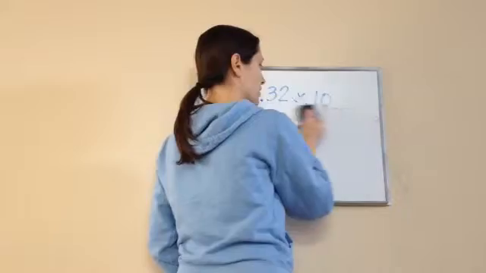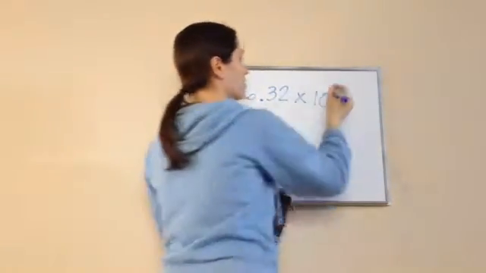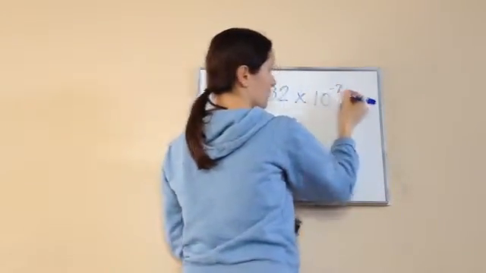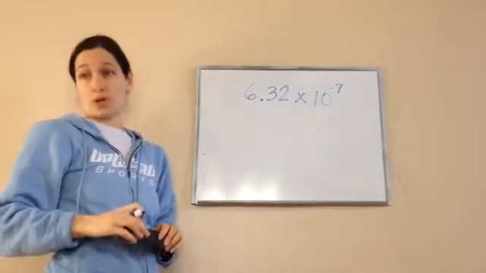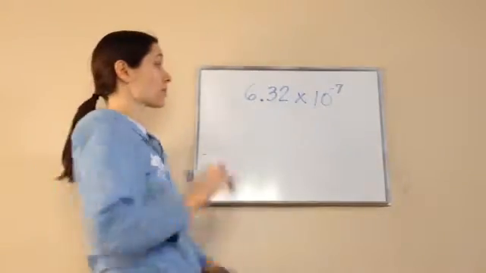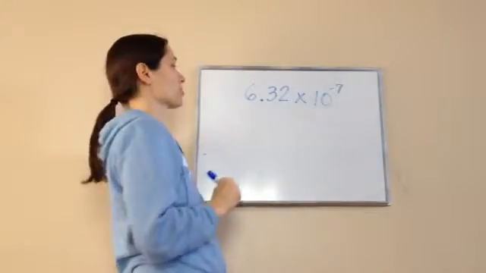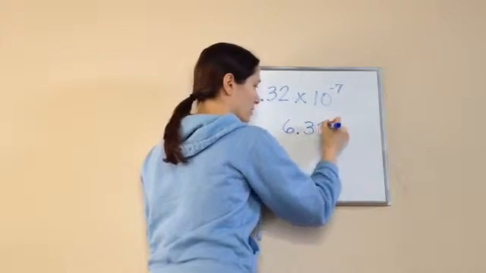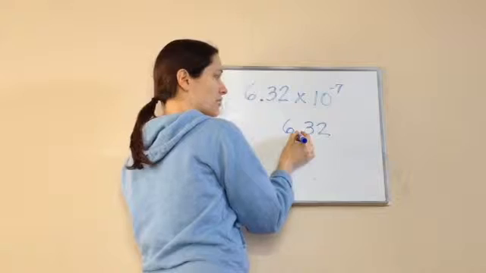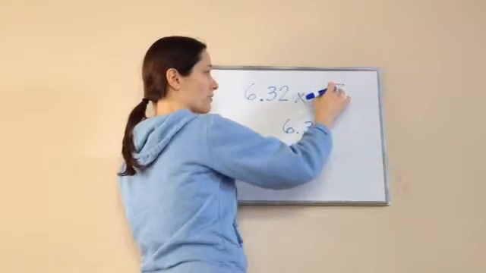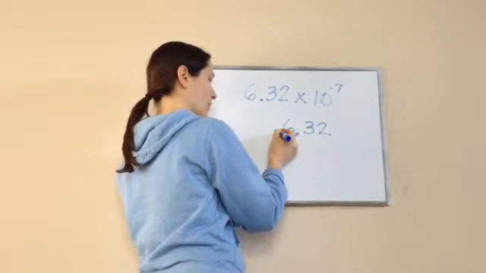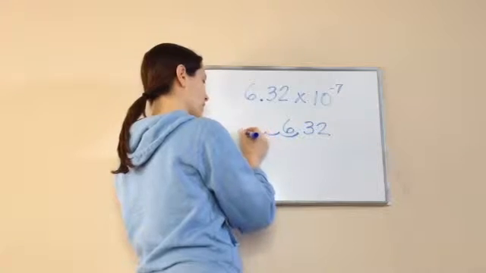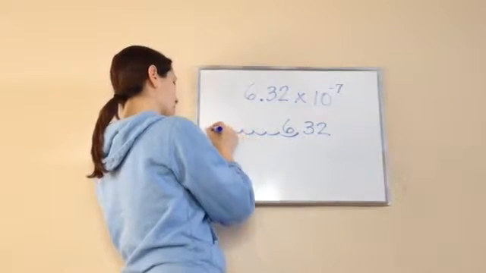But watch this. We're going to put a -7. Move it to the left. You're exactly right. So what I want you to see is what we're going to do is go 6.32, and this decimal, instead of going to the right because it was positive, we're going to move 7 times to the left. 1, 2, 3, 4, 5, 6, 7.